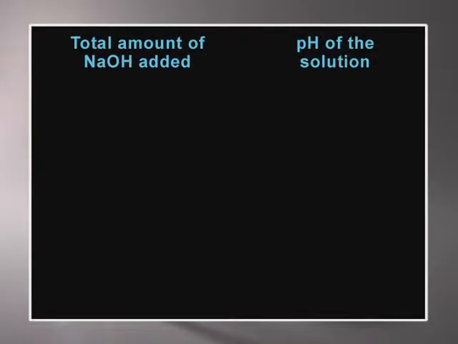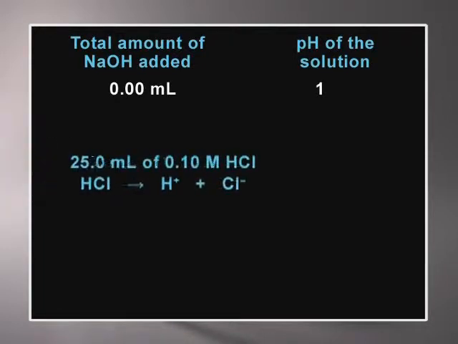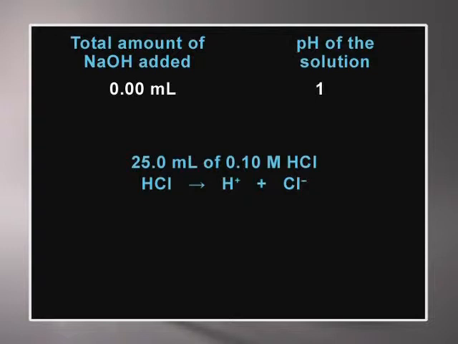Okay, when I first start, I have this solution of hydrochloric acid. I haven't added any base whatsoever to it. So the first line says, when I have added 0.00 milliliters of the 10th molar sodium hydroxide, the pH of the solution is 1. That makes all the sense in the world. I started out with a 10th molar solution of hydrochloric acid.